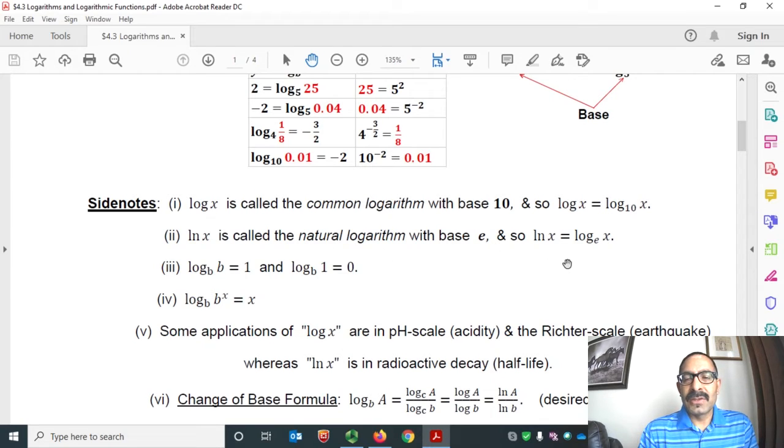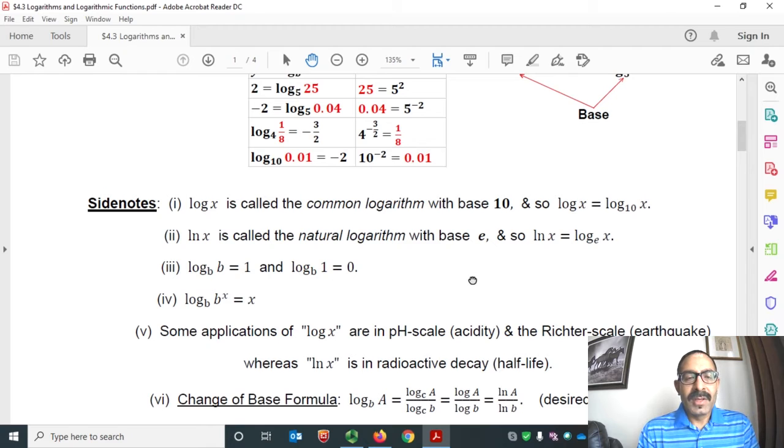So ln x equals log x with base e. In our calculator we have log x and ln x. Log x means log x with base 10 and ln x means log x with base e. And we know e is the number 2.7182 dot dot dot that we introduced in our previous class.